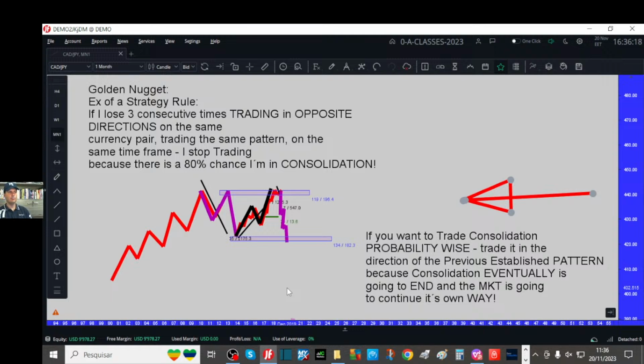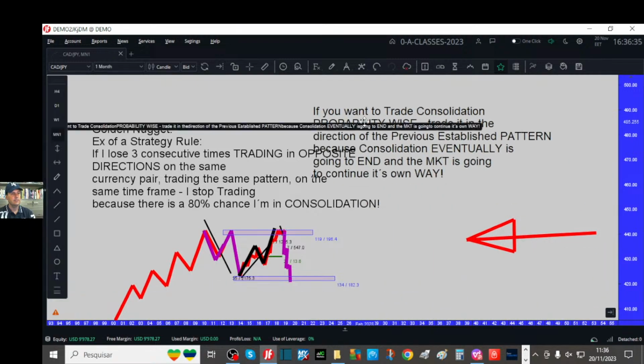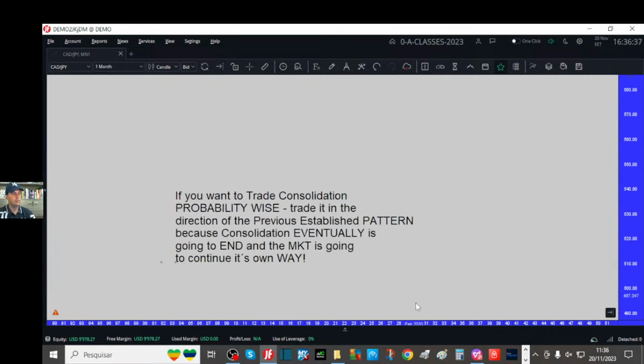Boss, can I trade both ways? Yes, you can, but one way is going to have a smaller probability. Alright, now let's go to this one, part number 2.